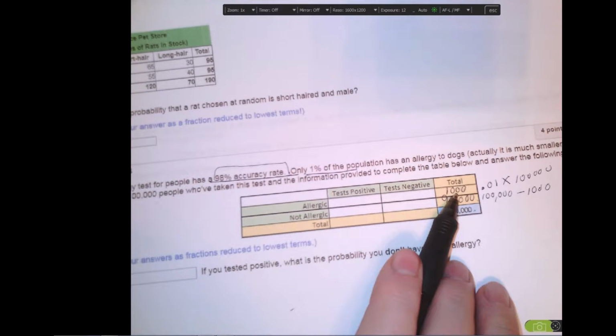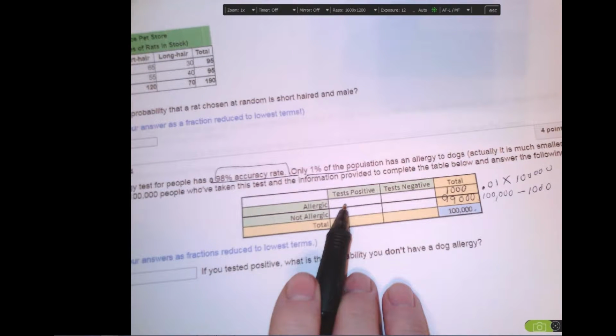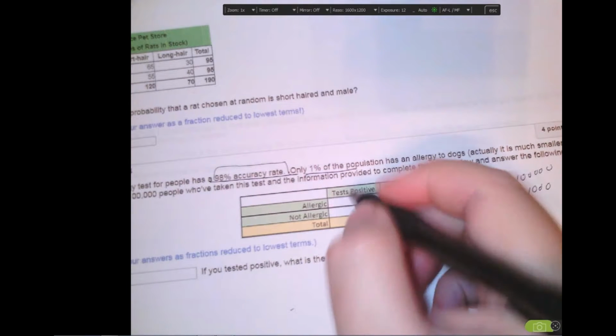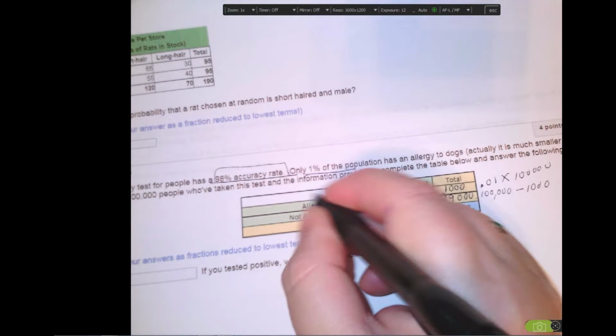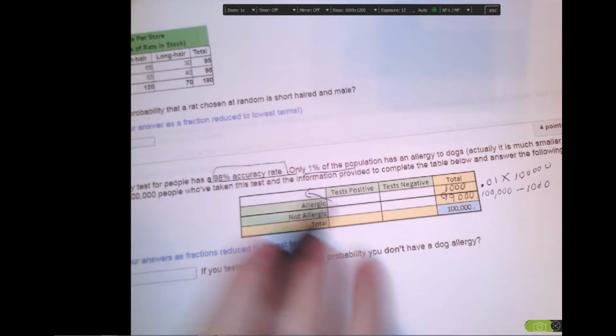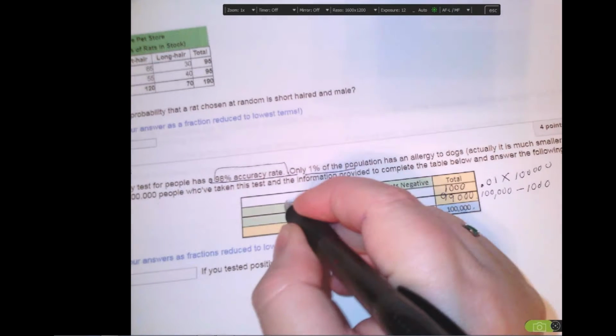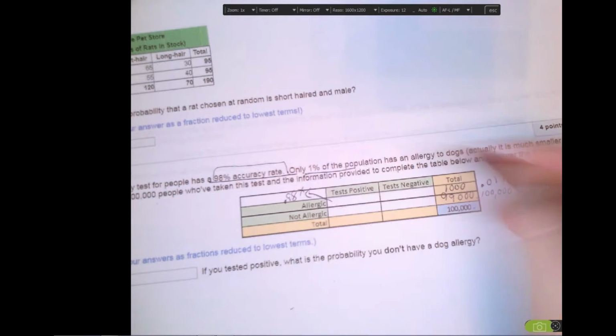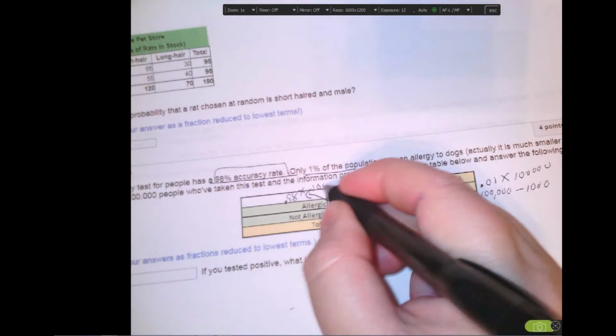Okay? Now here's the part you got to be careful with. These 1,000 people actually have it. They are allergic. So to be accurate, the test would be positive. Make sure you put that in the right spot. Now how do we find how many it is? We use the accuracy rate. 0.98 times 1,000.